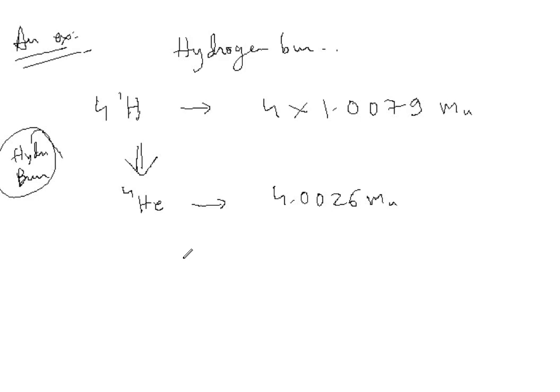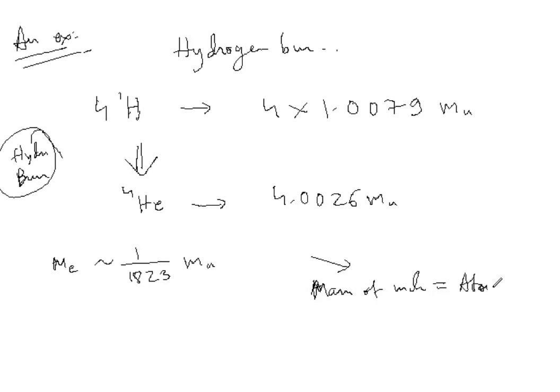However, since the mass of an electron is roughly 1 by 1823 of mu, we can assume that all masses of nuclei are the same as the atomic masses. So because of this we can consider that.